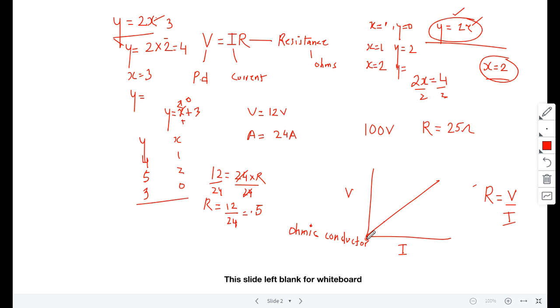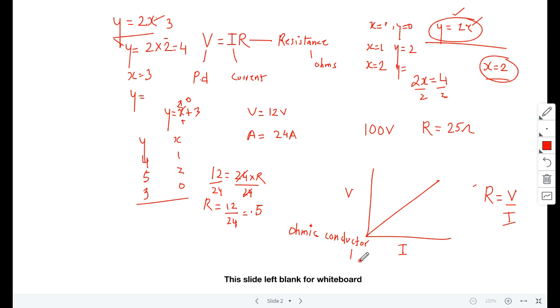So, an ohmic conductor is any conductor of which the graph is a straight line passing through the origin. Or you can say those conductors that follow Ohm's law. So I can say it's a conductor which follows Ohm's law.